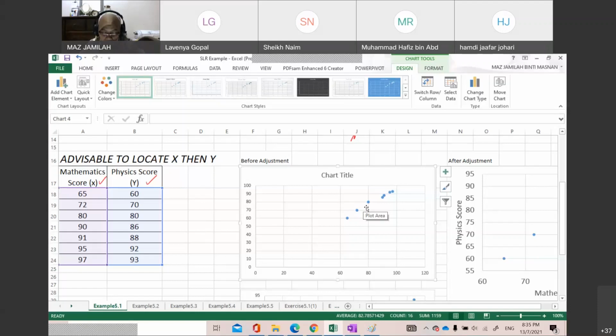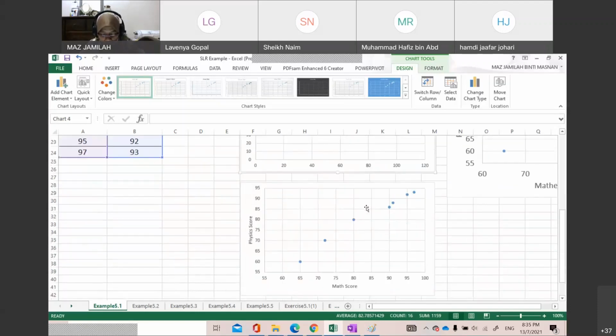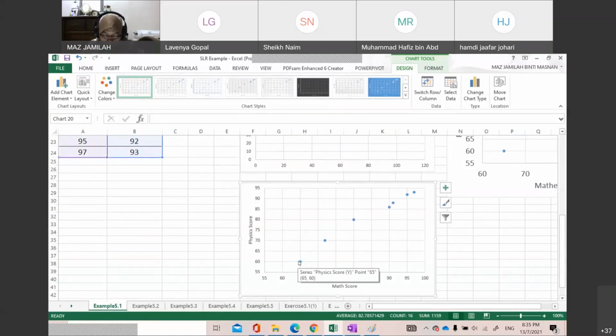But if you are dealing with a large number of data points, it will be good if you go for the correct dimension, so that you can see clearly the transition from point to point in your data. Because later on we are going to have a line for your data here. Okay, so that would be it for your scatter plot.